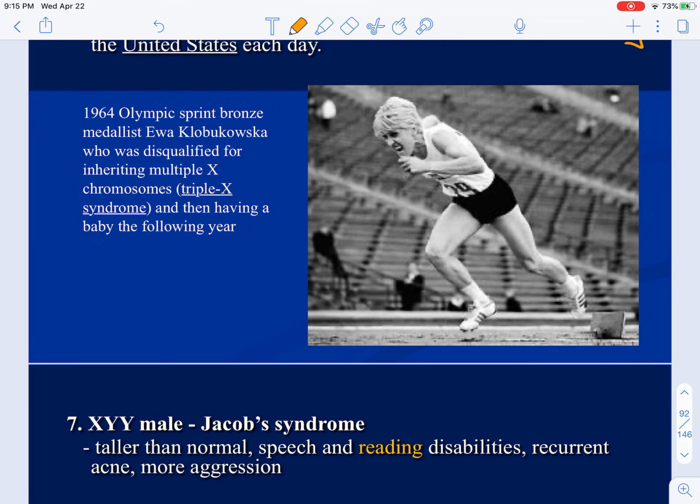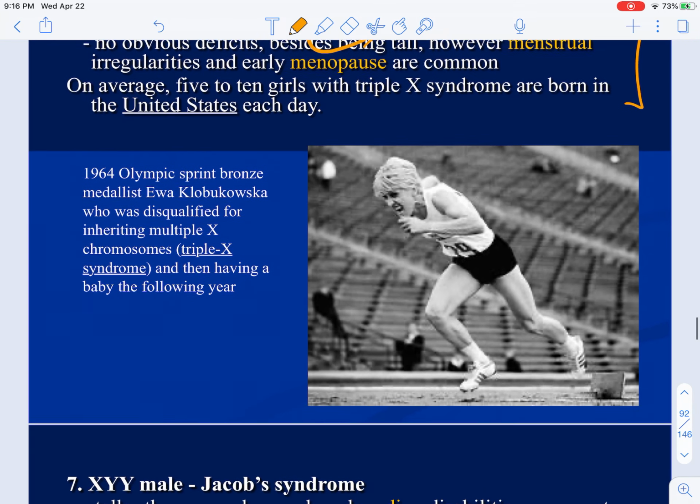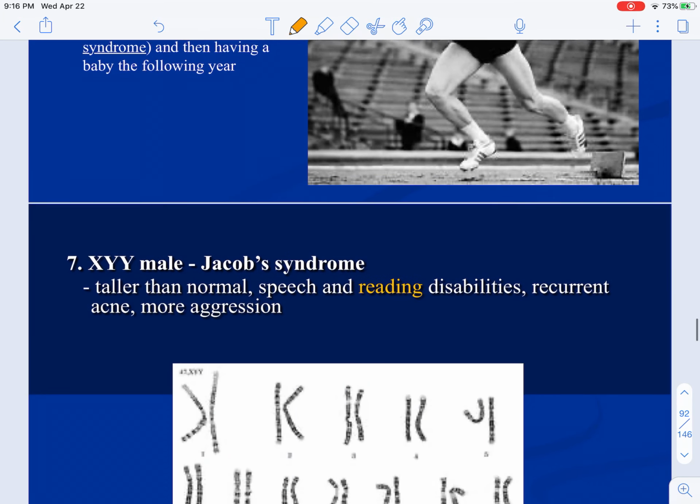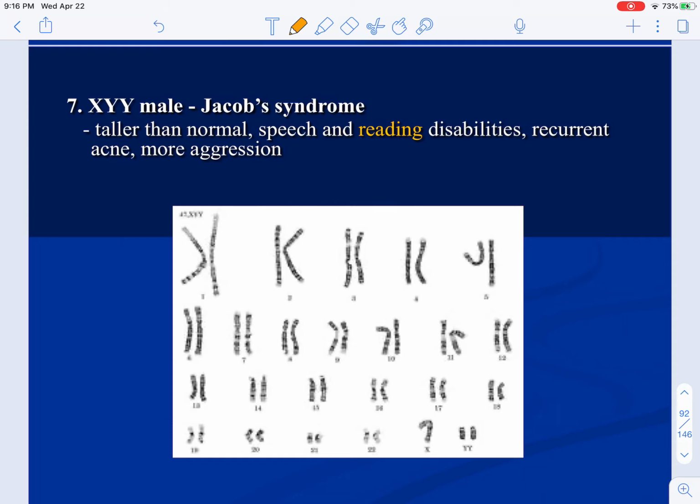This lady, Iwa Klobukowska, she lost her Olympic medal because they said that the extra X they found that she had when they did a genetic test must have given her the advantage, and that's why she won the medal, so that was taken away from her. A lot of controversy in some of that, but there it is.